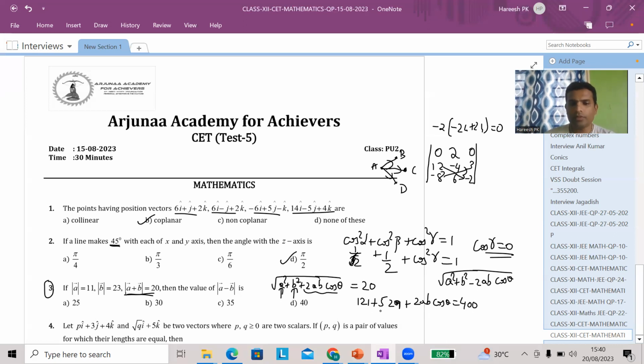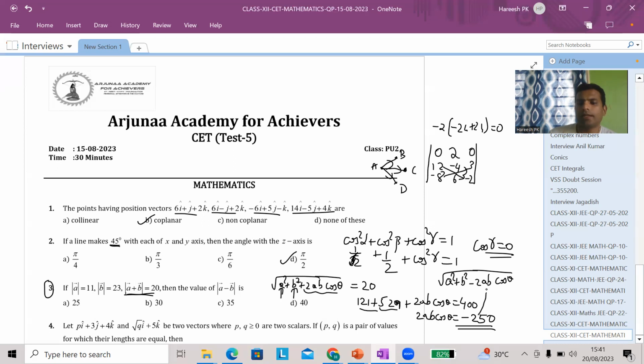So I'll end up getting 2AB cos theta as, 529 and 121 is like 530 and 120, which is 650. So 400 minus 650. So I'll get minus 250. So 2AB cos theta is minus 250.